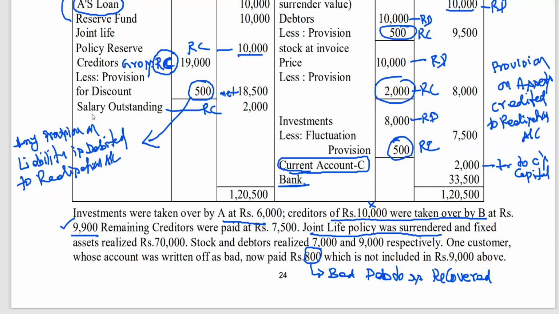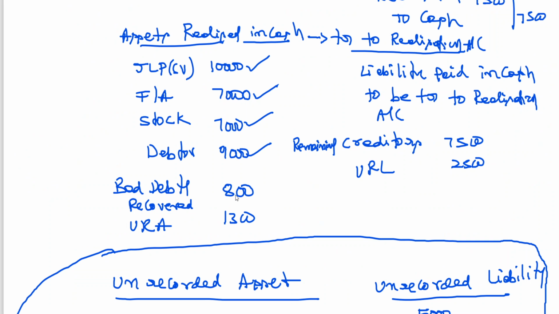Therefore, whenever there is no information regarding any liability, we shall assume it has been paid. So here I am writing outstanding salary is also paid in cash. It is coming to 2000. So part of the creditors taken by one partner, remaining creditors paid in cash, unrecorded liability paid in cash, outstanding salary paid in cash.